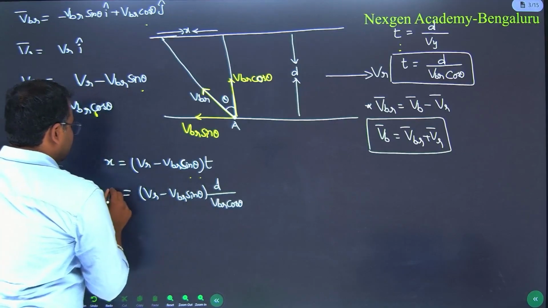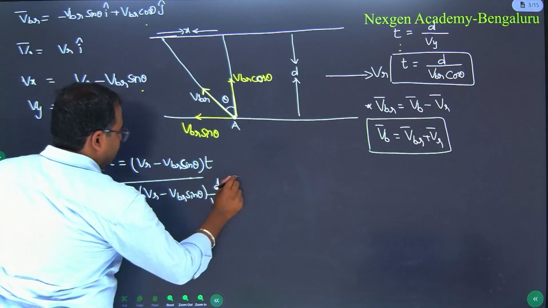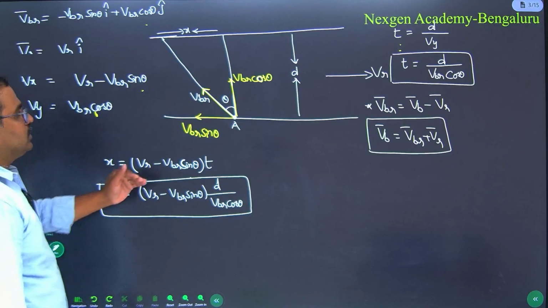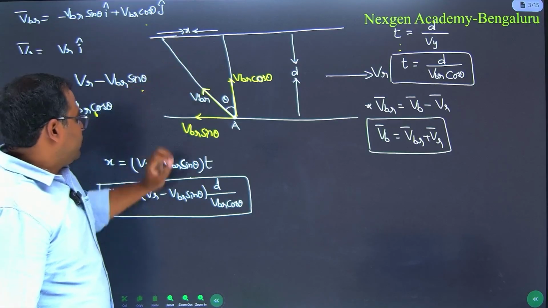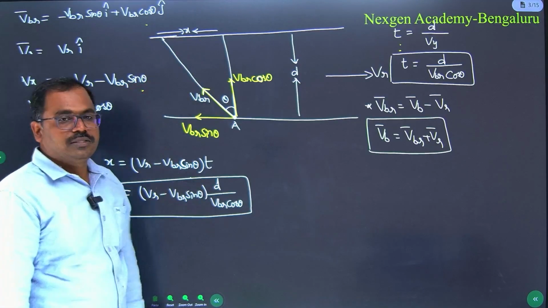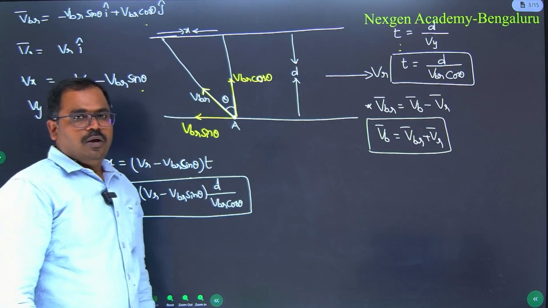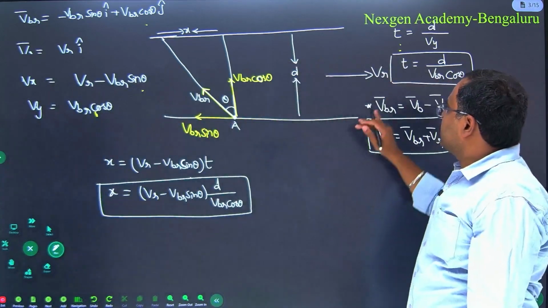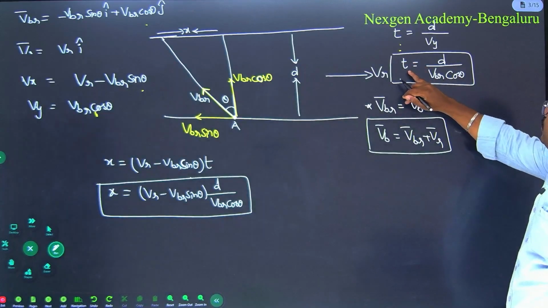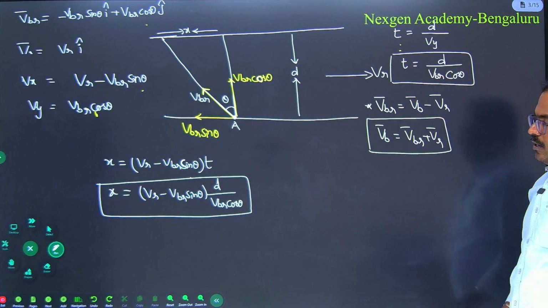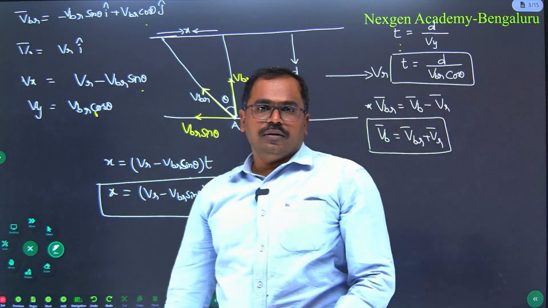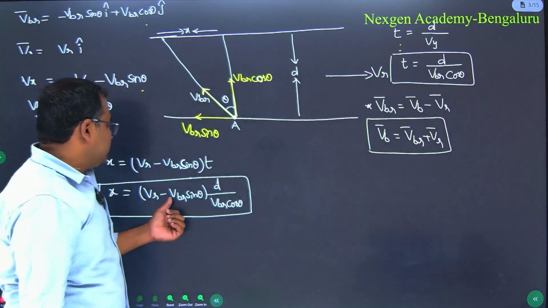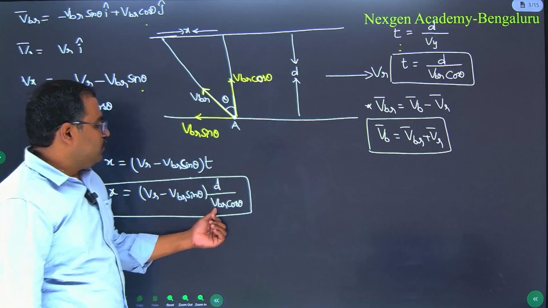This is the horizontal distance traveled by the boat while crossing the river. The vertical distance is D, the width of the river, so the time taken is T equal to D by VBR cos theta, and the horizontal distance traveled in the direction of the river is VR minus VBR sin theta into D by VBR cos theta.